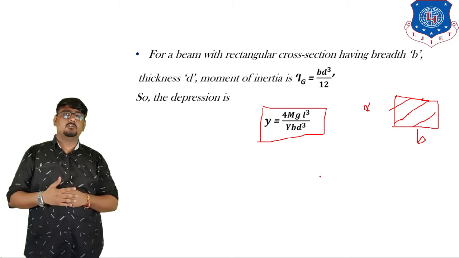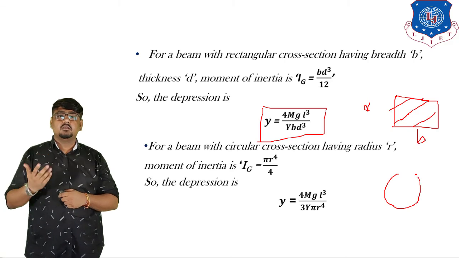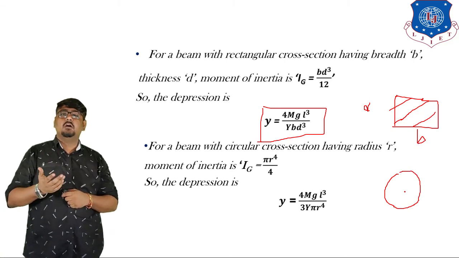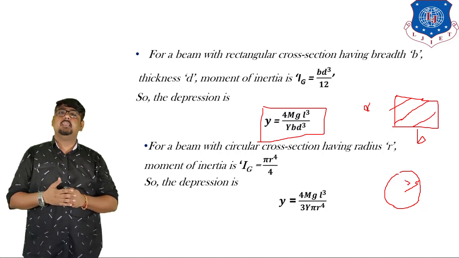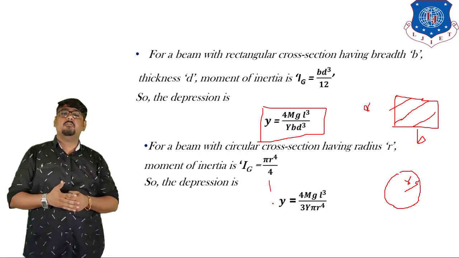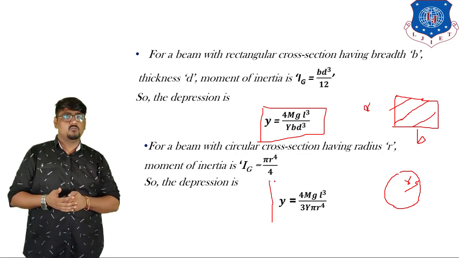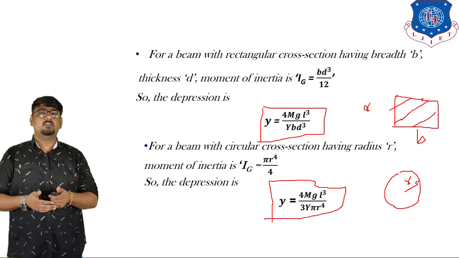What happens for a circular section? For a circular section, Ig equals pi r to the power 4 by 4, so the depression is y equals mg L cube upon 3 Y pi r to the power 4. So that was all about the depression of a cantilever beam.